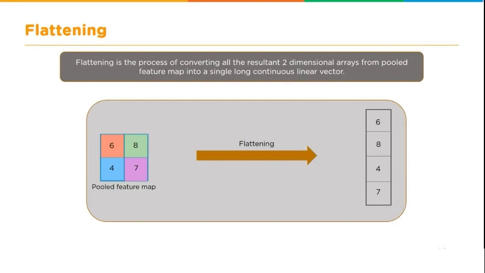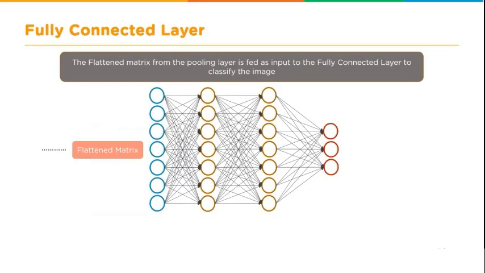And we do this for all of the pooled feature maps, combining them into one long linear vector. So now we've gone through our convolutional neural network part, and we have the input layer for the next setup. All we've done is take all those different pooling layers, flatten them out, and combine them into a single linear vector going in.